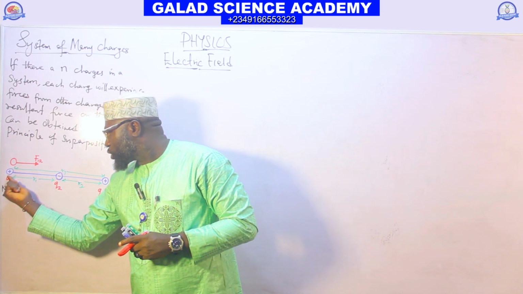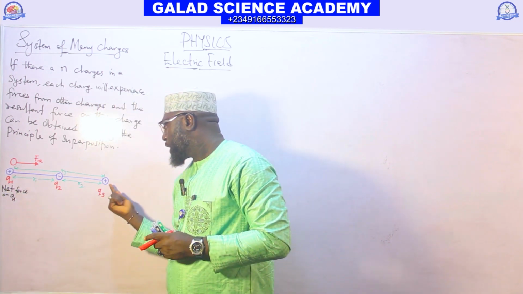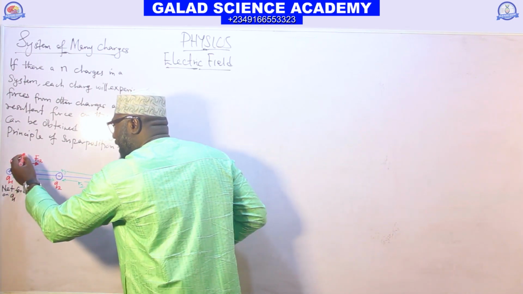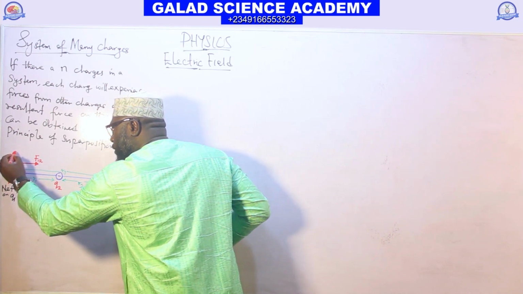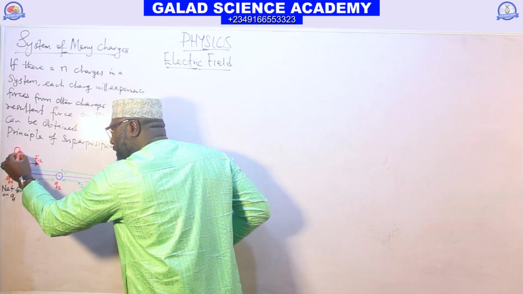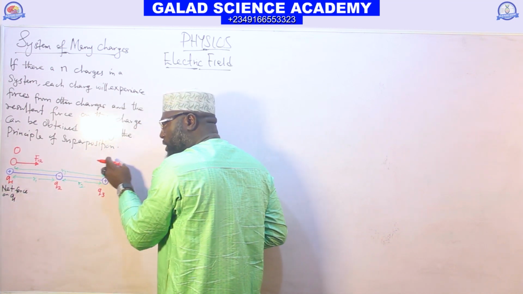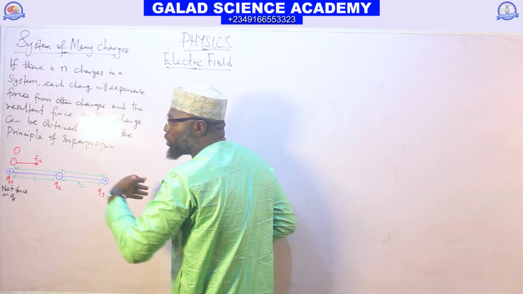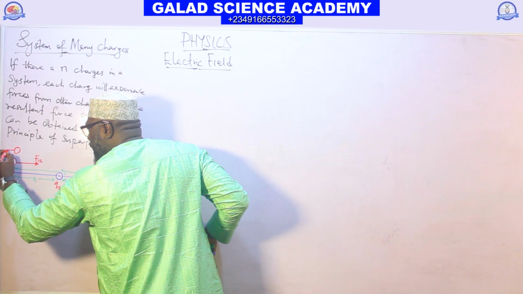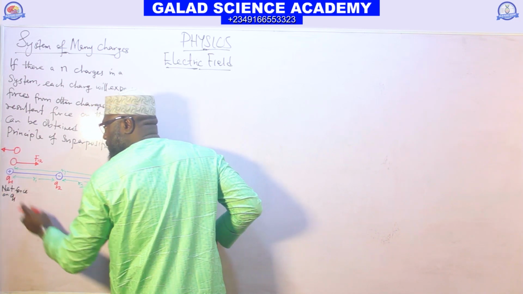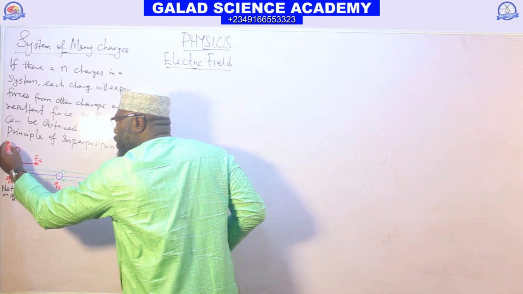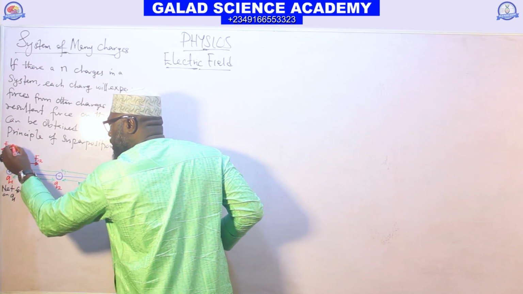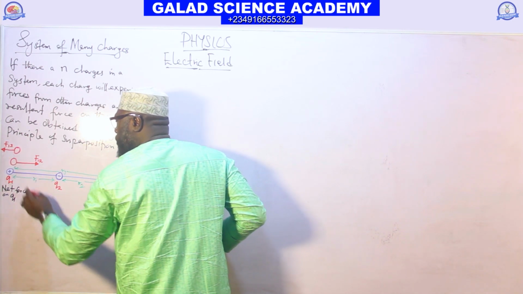But here, Q1 has a positive charge and Q3 also has a positive charge, so Q1 can never move toward Q3. Why? Because they are of the same kind, it will repel. When it repels, it will move along this side, so along this side you will have the force F13, from Q3.